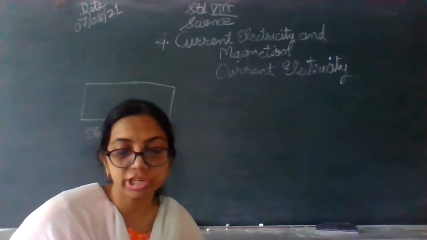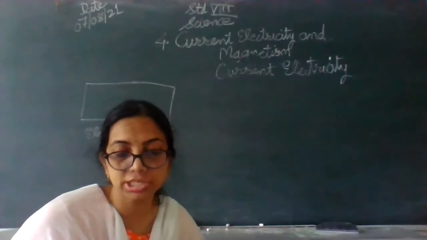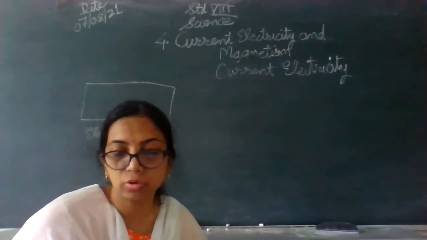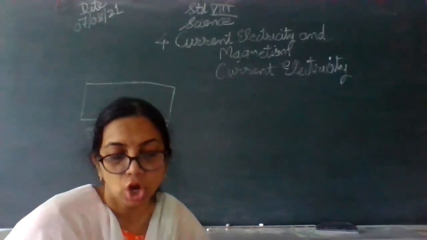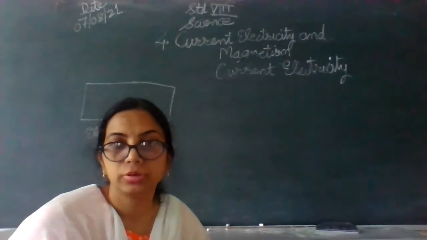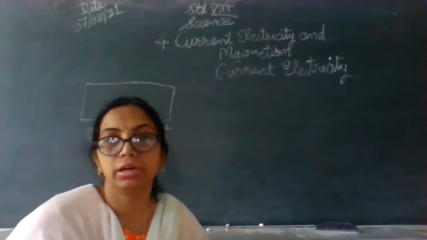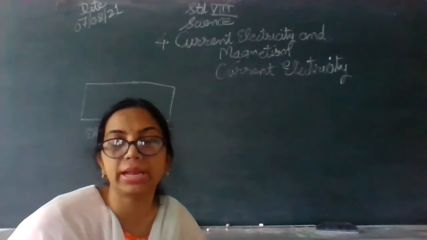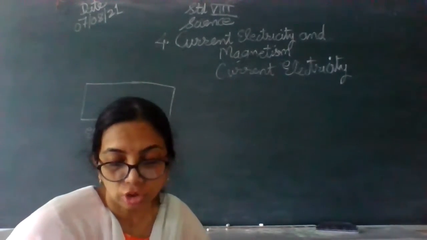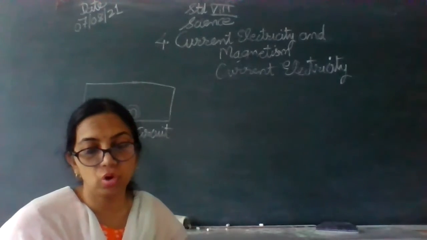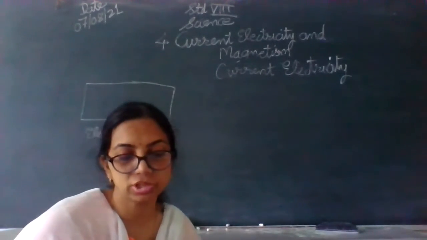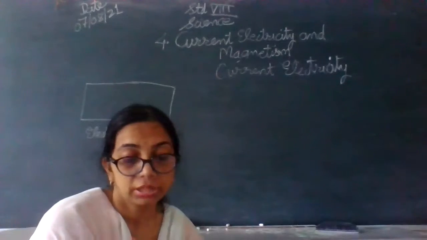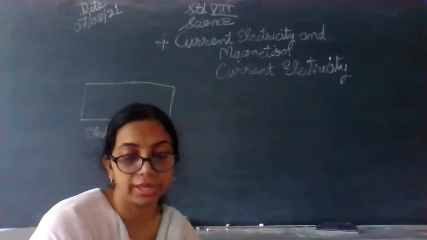While sensation is felt by us due to a microscopically small current flowing to the brain. We are feeling the sensation. Our brain is getting the information through this flow of small current that is moving. So these are the two examples that current electricity is flowing.